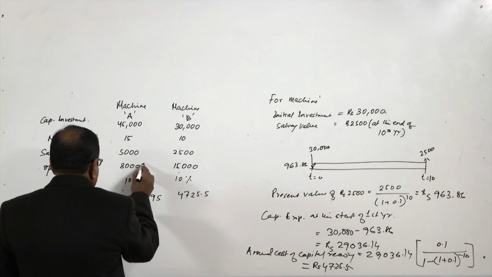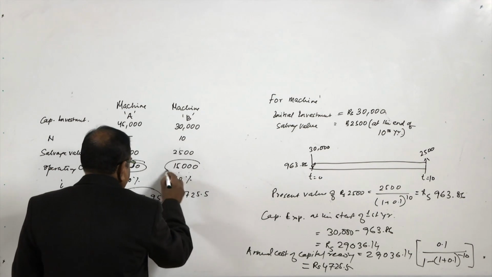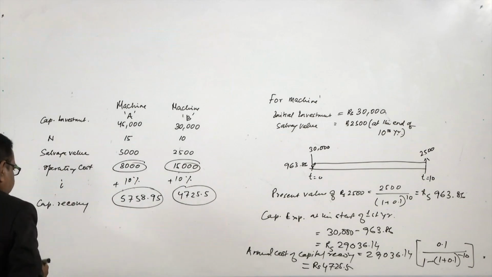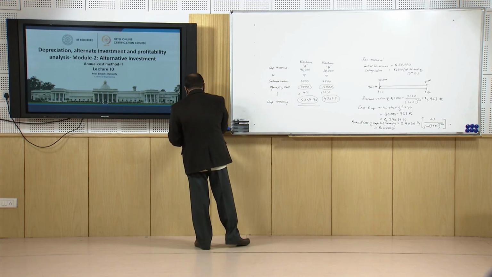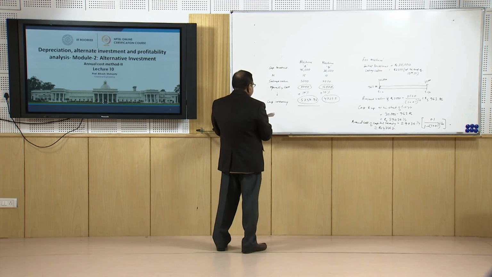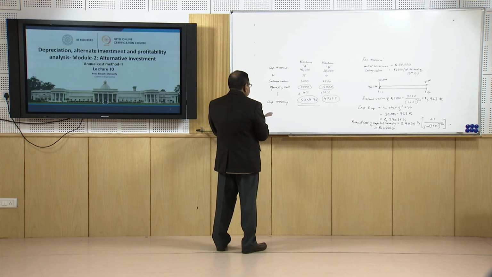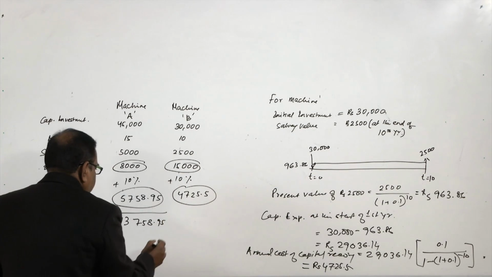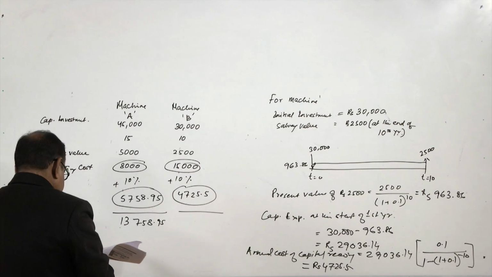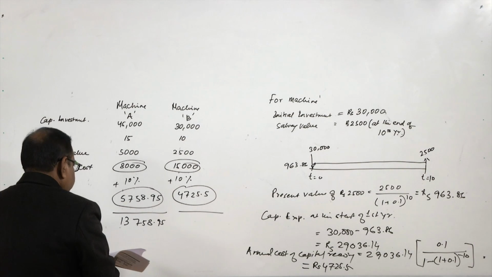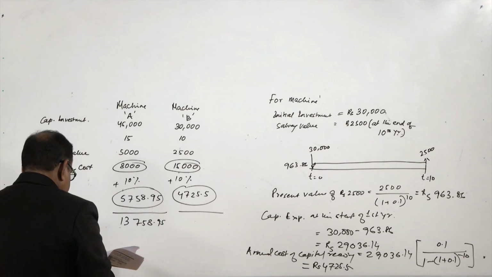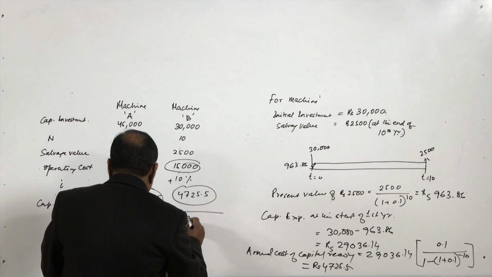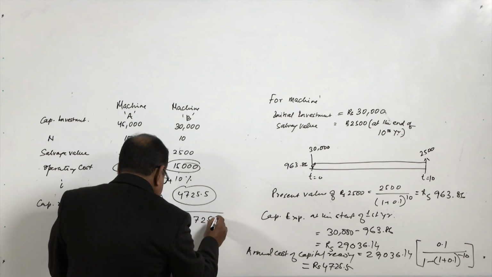So, I have to add the operating cost with the capital recovery for each machine. For machine A, 8,000 plus 5758.95 equals 13758.95, and for machine B, 15,000 plus 4725.5 is 19,725.5.